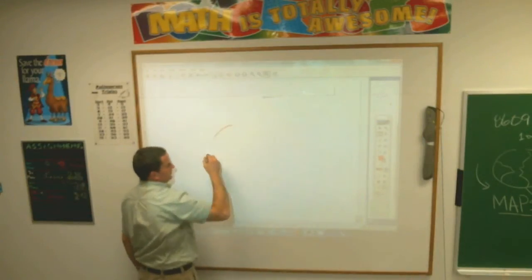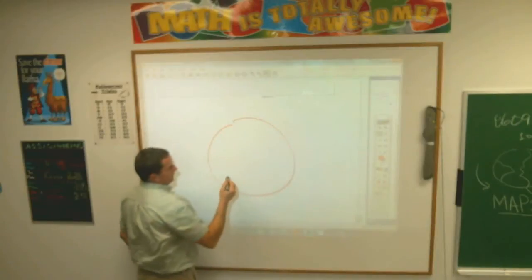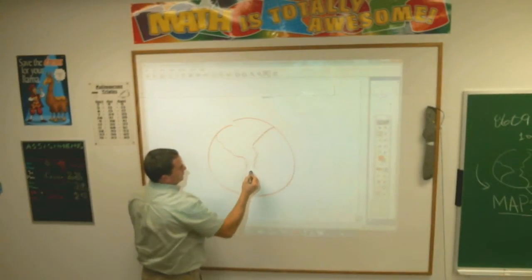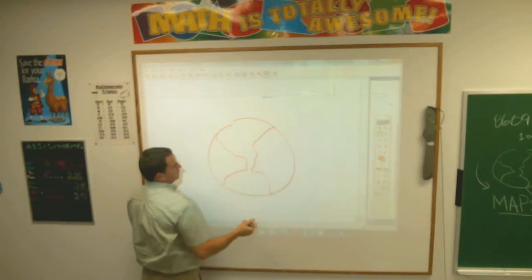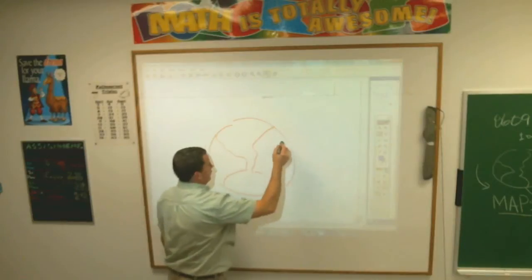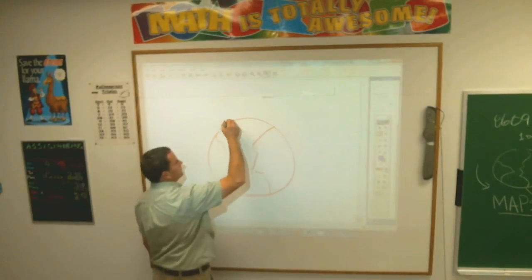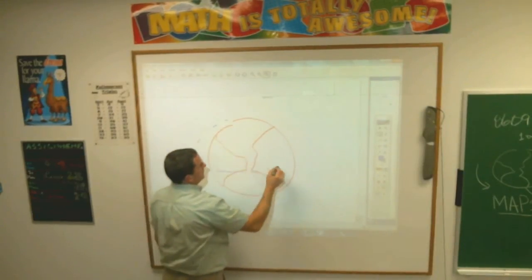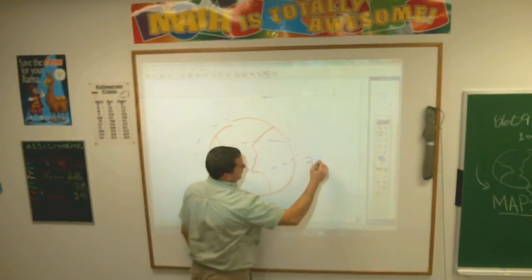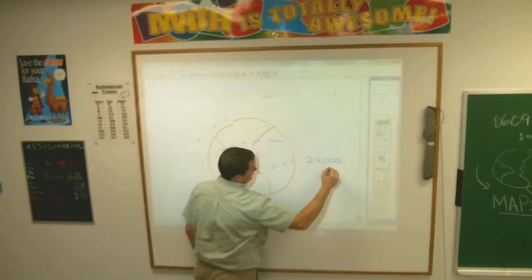Here's my best Earth. We can measure all the way around the Earth. The distance around the Earth is about 24,000 miles.